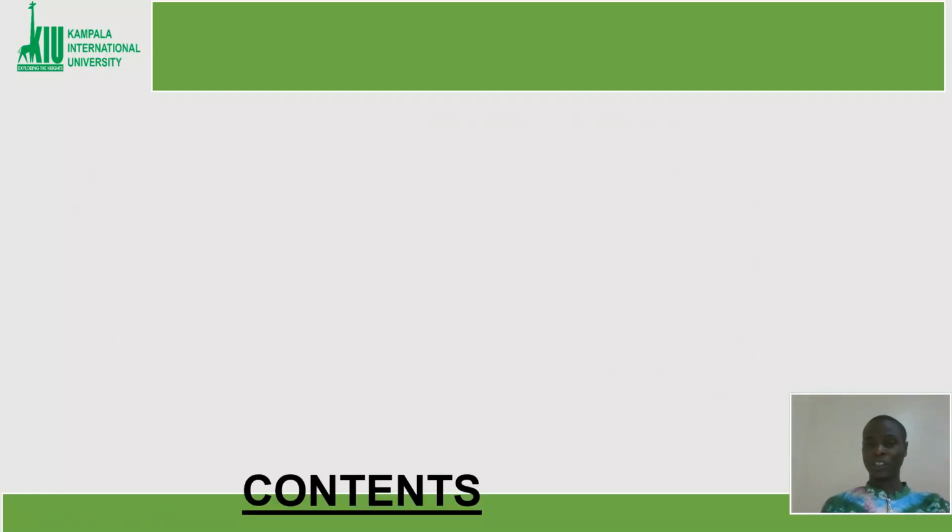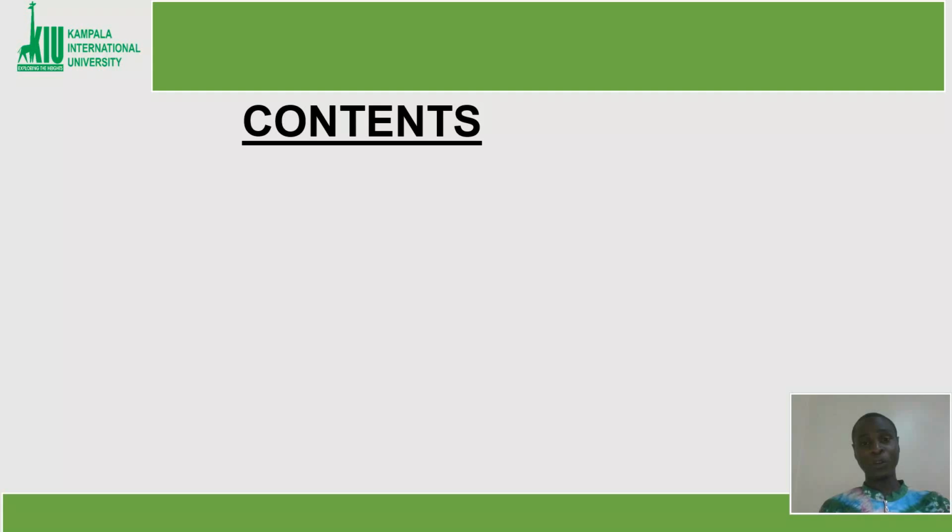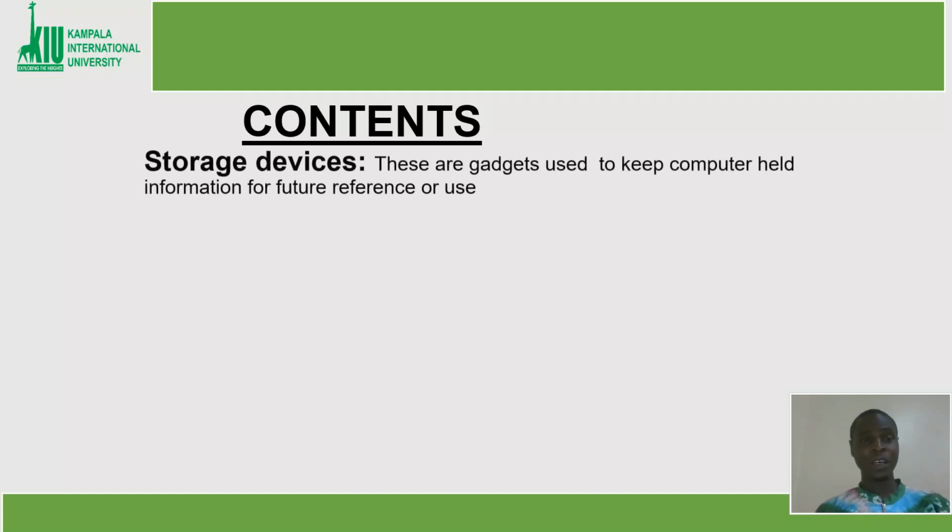As we go on to our contents, where we are going to explain more, let us begin with the storage devices. As I have already told you, storage devices are gadgets used to keep computer held information for future reference or use. They keep information safely.